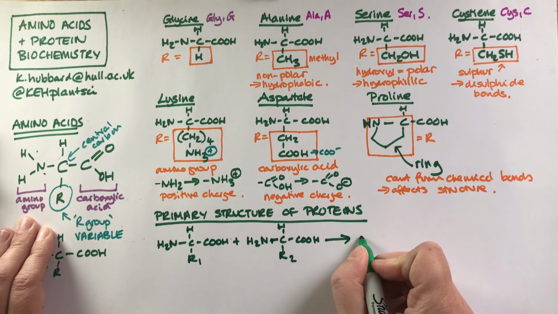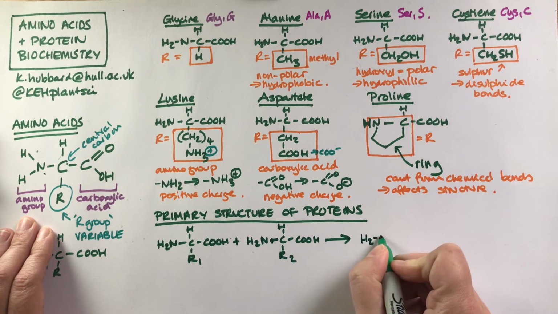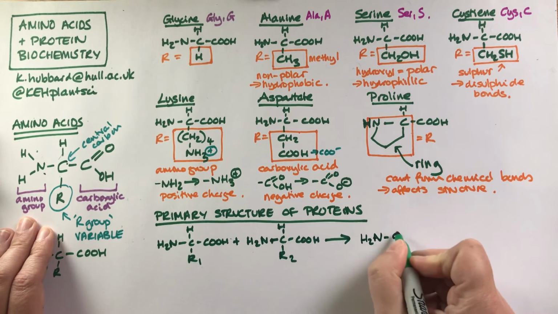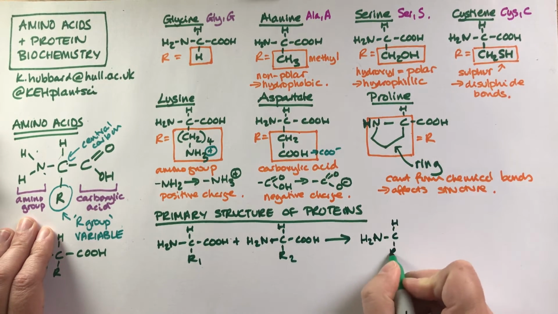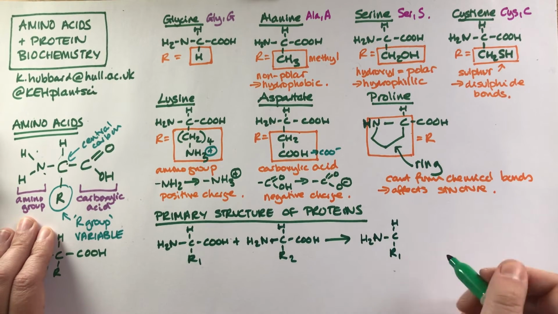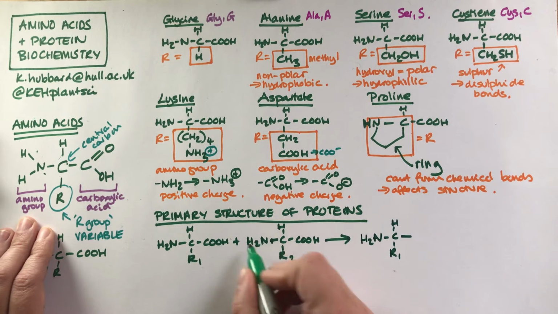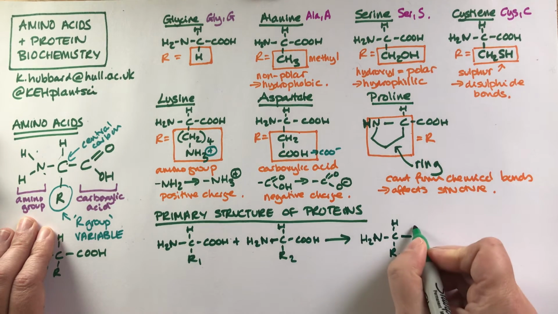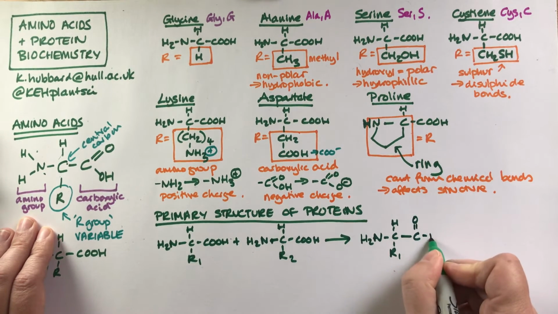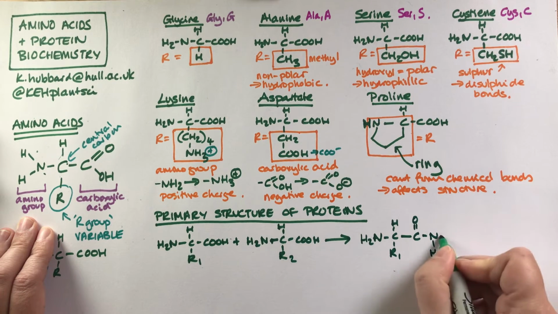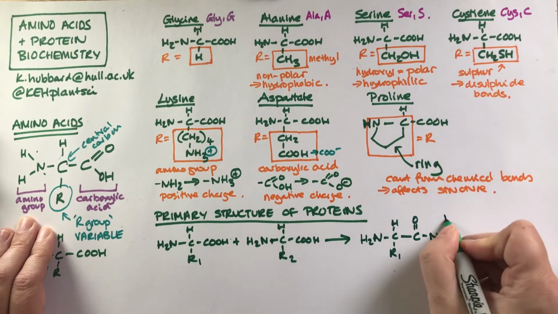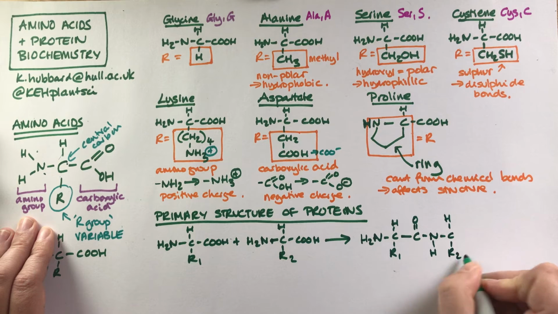So H2N, CH, there's the R group, and then we form a new bond. So rather than COOH and an NH2, we end up with this structure, which is C double bond O, NH, C, and then we've got the next amino acid.